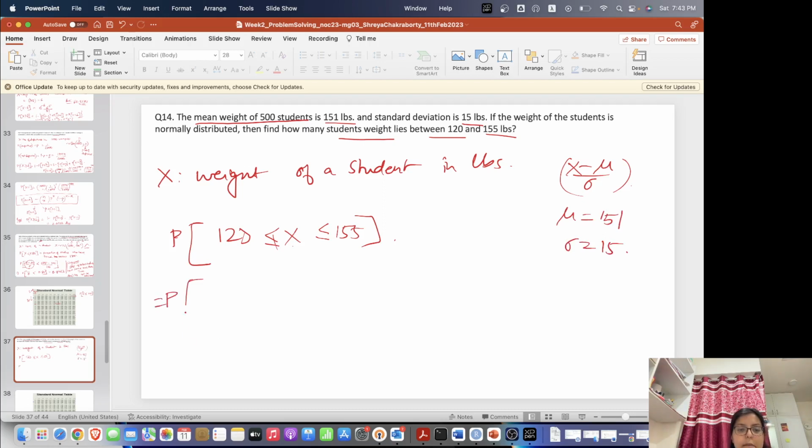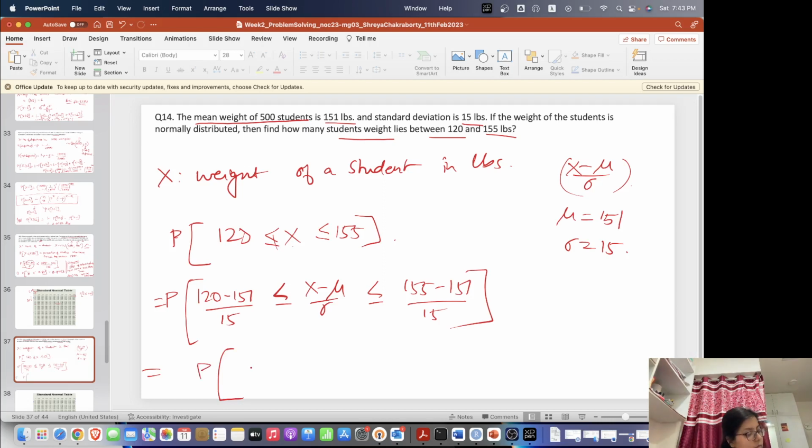So this is the same as 120 minus 151 by 15 less than or equal to x minus mu by sigma, less than or equal to 155 minus 151 by 15. So this is minus 31 by 15 less than or equal to z less than or equal to 4 by 15, where z follows a standard normal distribution.